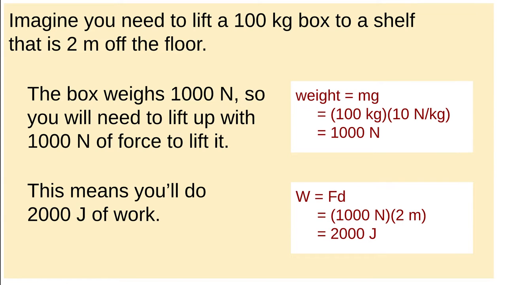So if I'm going to do that as it moves 2 meters, I could use the work formula, force times distance, to see that 2,000 joules of work would be needed. My 1,000 newtons of applied force times the motion, the distance, 2 meters. So 2,000 joules is how much work would have to be done in order to do this job.